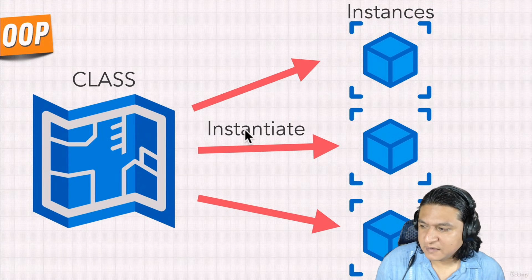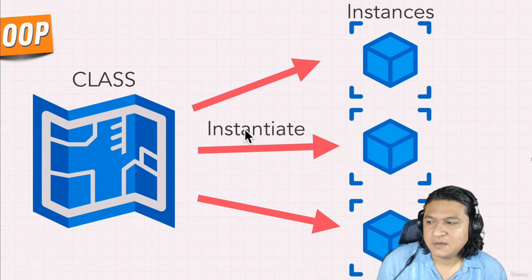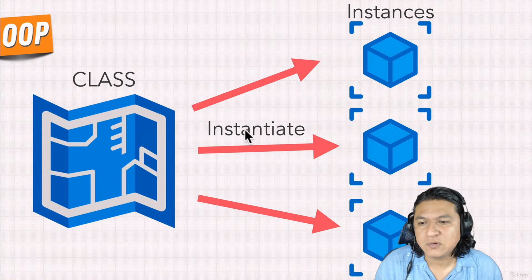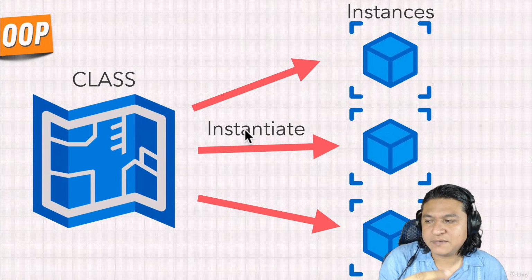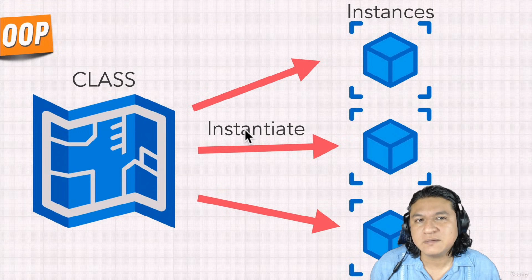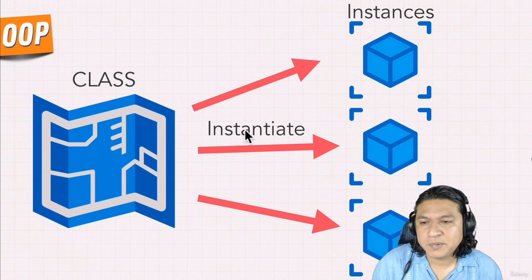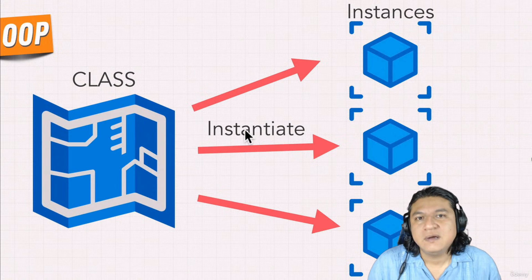Here the main idea of object-oriented programming is, well, it is right. One of the analogies I like to use in this case is, imagine that a class is the blueprints for a house, for example. So the blueprints for a house are not the actual house.